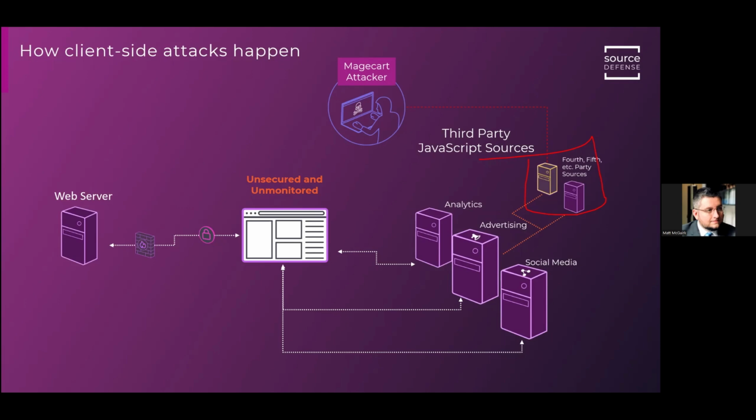Or, further down the supply chain, the integration calls another party, a fourth, fifth, sixth party. So the attackers might choose to go somewhere further down the food chain to get into not just this advertising tool, but of course all the web browsers and all the web pages where that code is being loaded. So it's a very wide exploitation surface for the attacker.